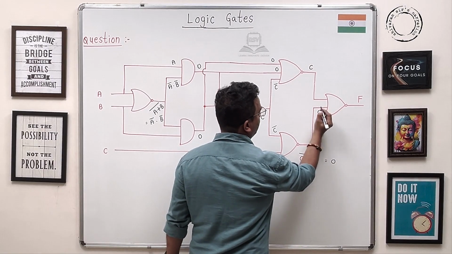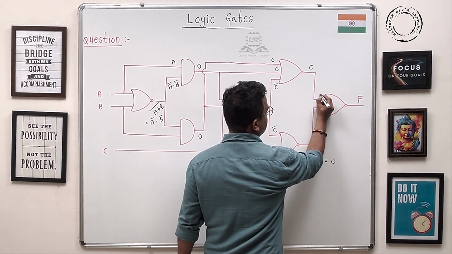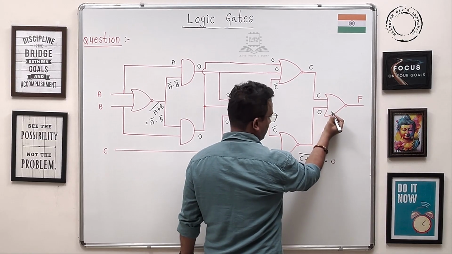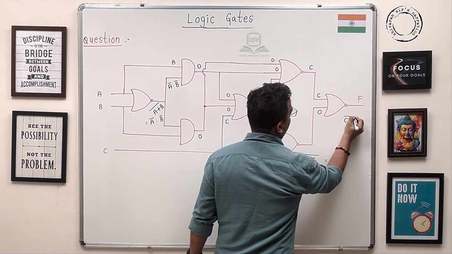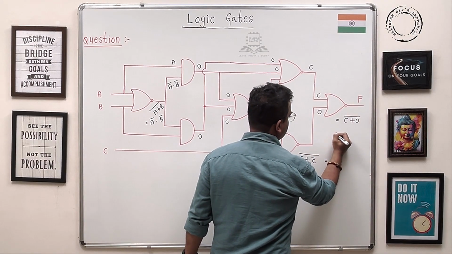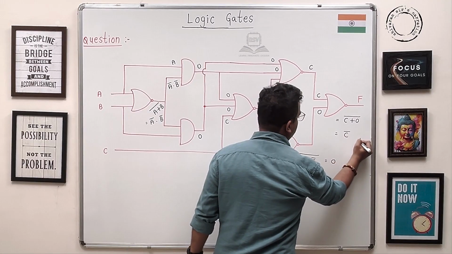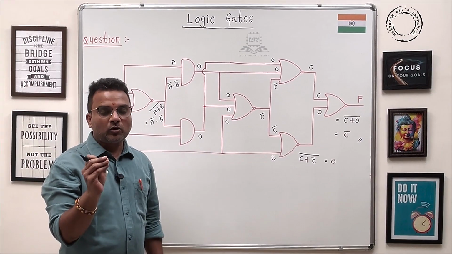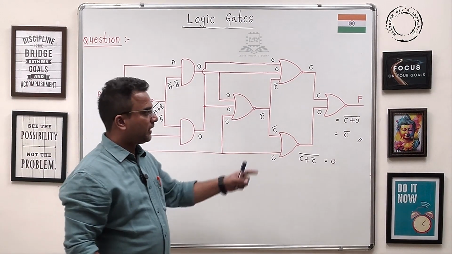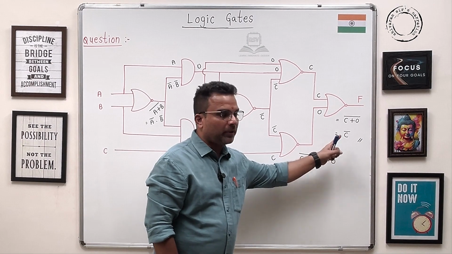And again here finally guys, it is 0 and it is C. Now this is a NOR gate, so C plus 0 whole bar. Now what is it guys? It is C bar. Hence guys, for this design, the output expression is F is equal to C bar.